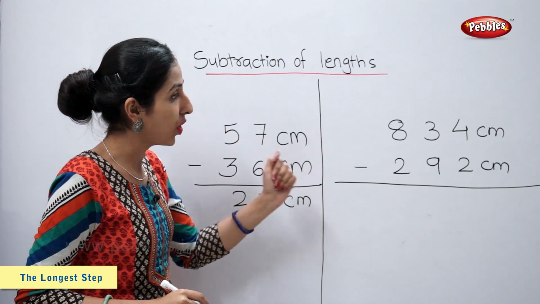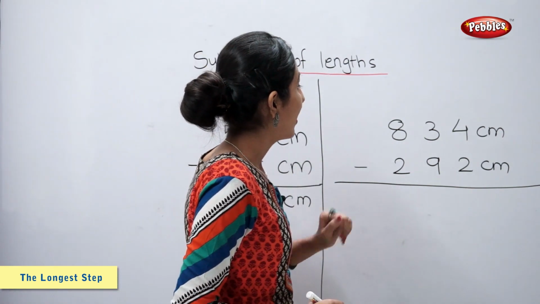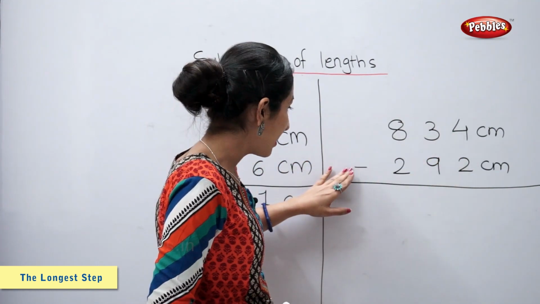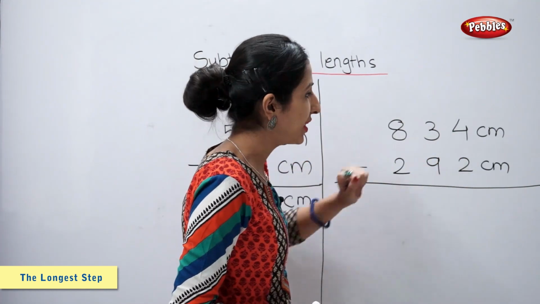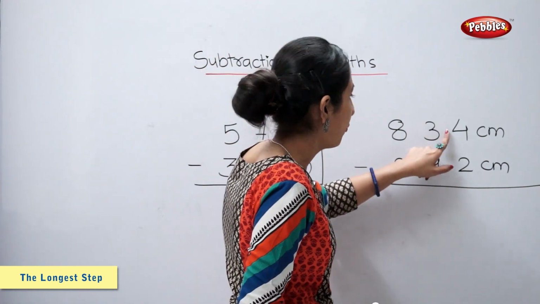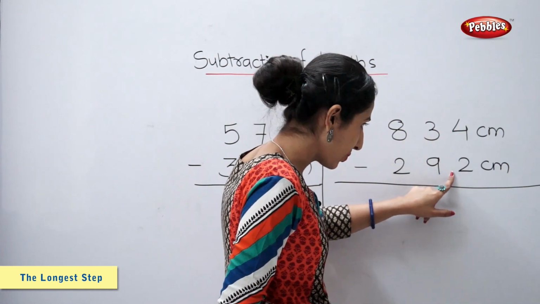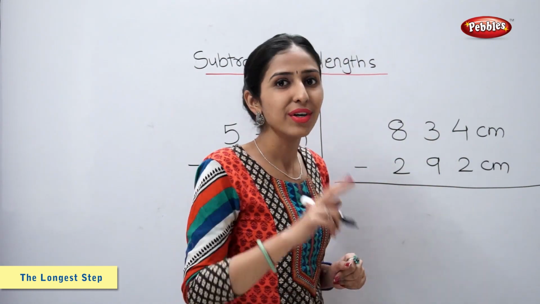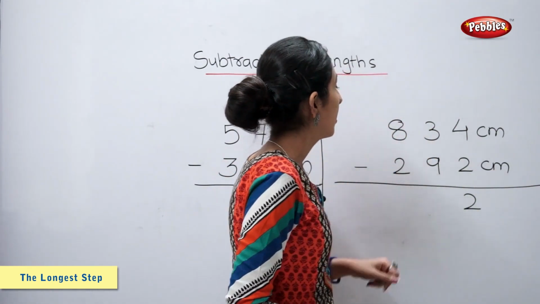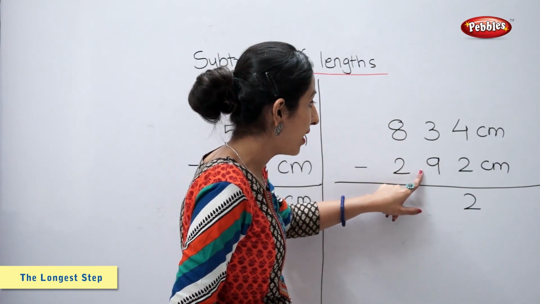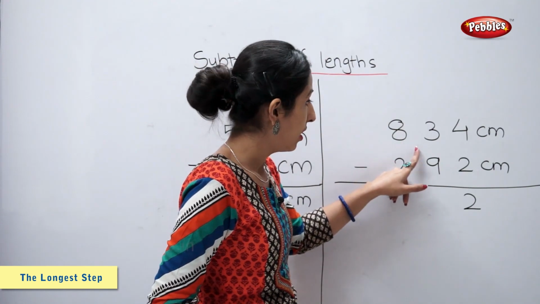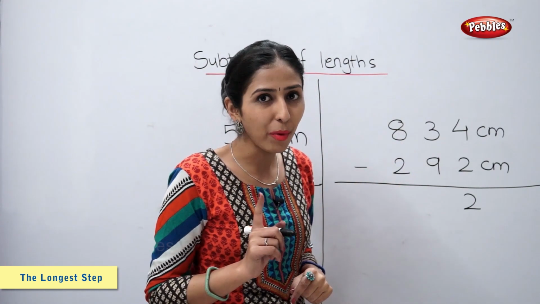Now, let's solve this example. 834 centimeters minus 292 centimeters. Let's count. 4 minus 2 is equal to 2. 3 minus 9. Students, as we know, 3 minus 9 is not possible.